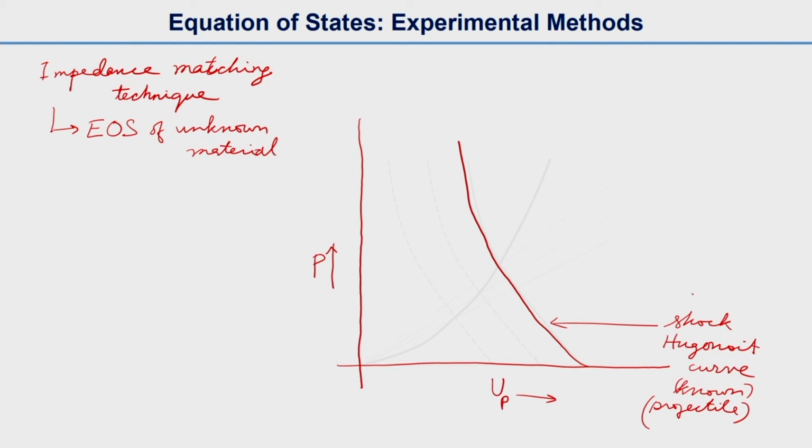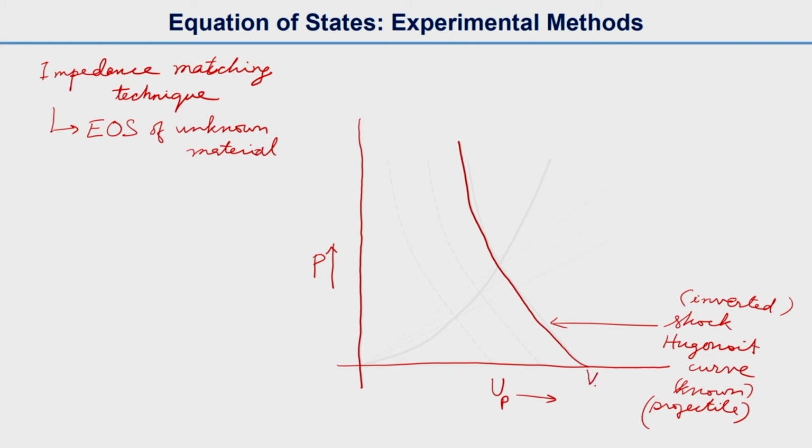This is actually called an inverted shock Hugoniot, as we discussed in the earlier class, because the particle velocity will decrease with increase in pressure here. That is why we use the word inverted shock Hugoniot.